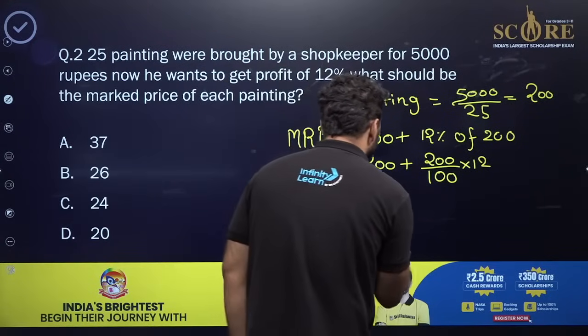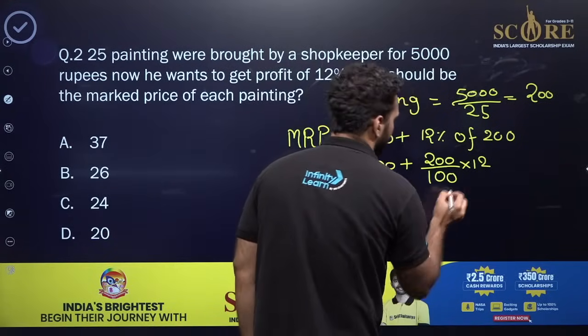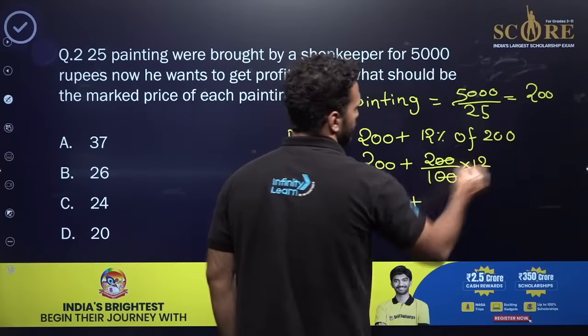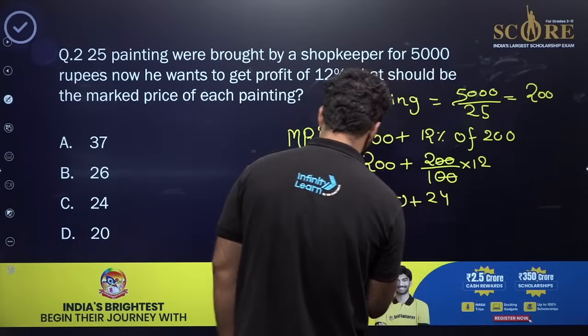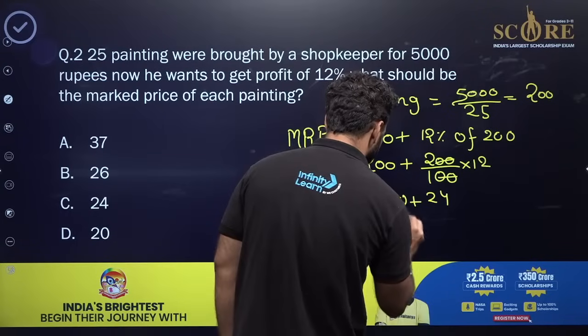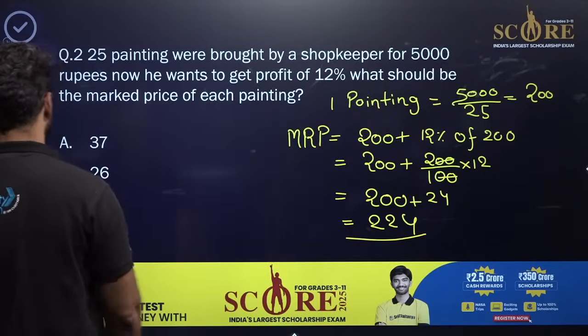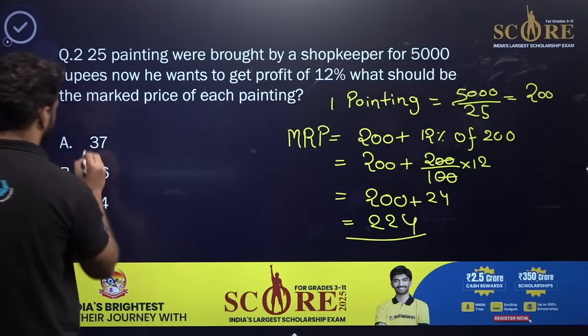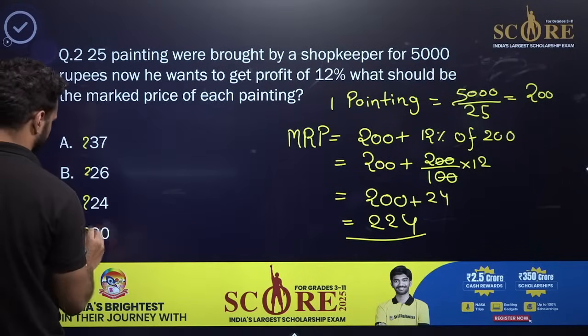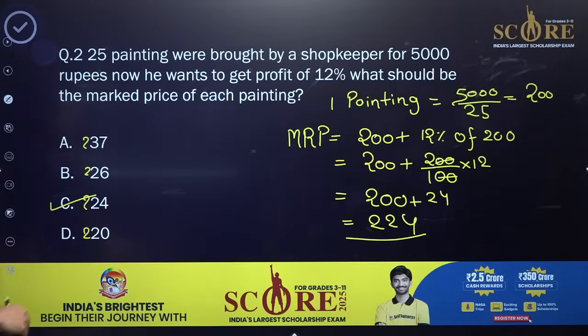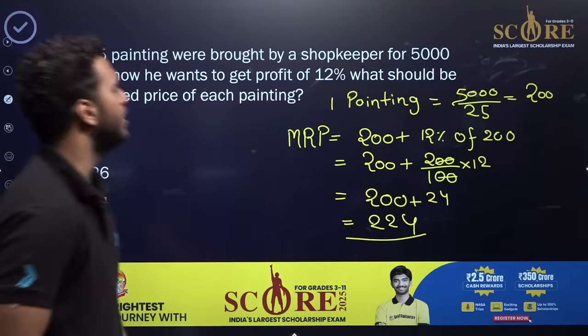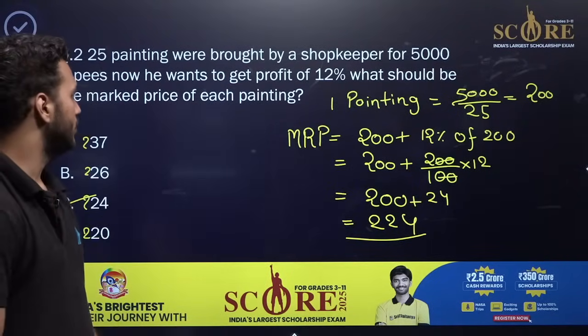Then I will get 200 plus 2 into 12, 24. The marked price should be this, which is option C. Is it clear, guys? If you have any doubt, you can ask me at any time. Okay, next.